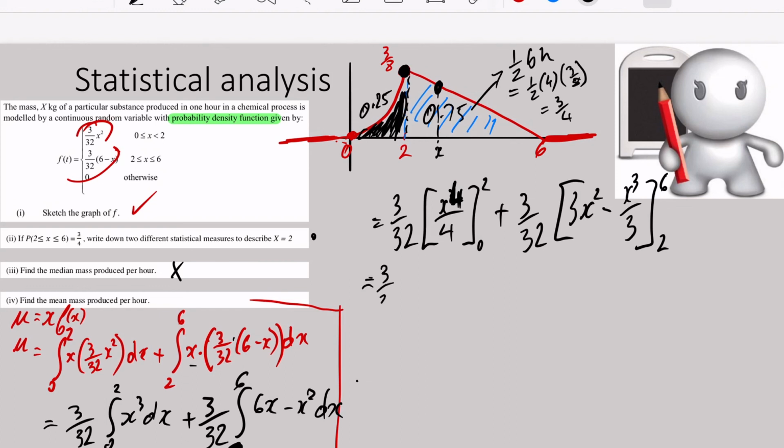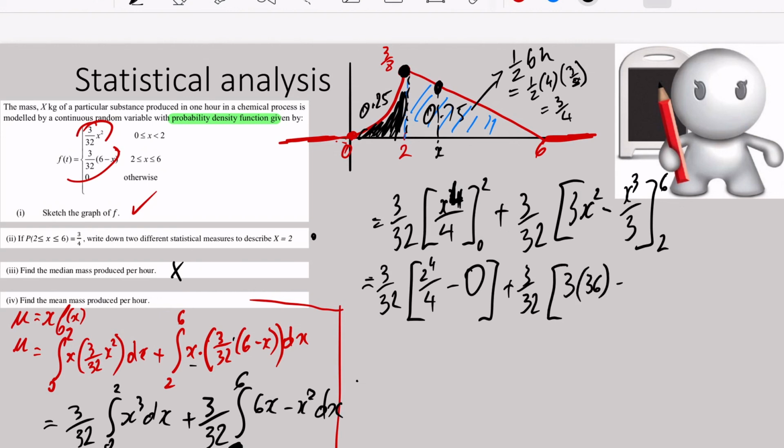So it's 3 over 32. Now substituting 2 to the power of 4 on 4, so that's going to give us 4, okay, minus 0, okay, plus 3 on 32 outside of 3 multiplied by 6 squared, which is 36. 6 cubed is 216.